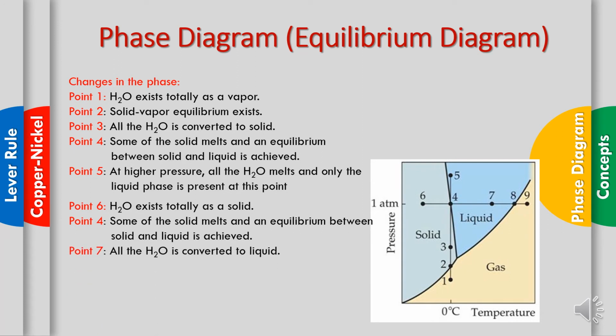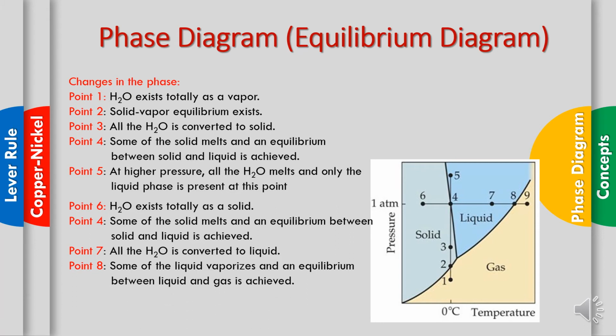And at point 7 we have completely water, and at point 8 we have an equilibrium of water and steam or gas. And finally, when we increase the temperature to a certain degree Celsius, it will totally convert the liquid to gas, 100%.